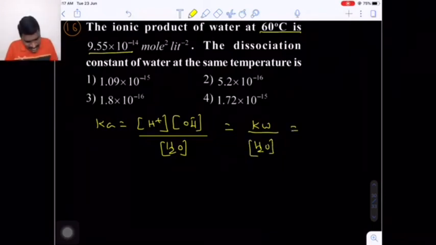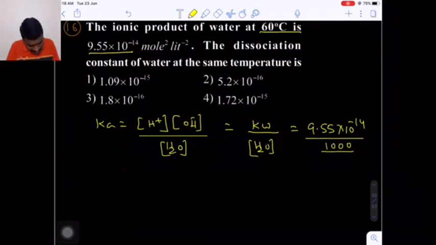What is the Kw value given to you? 9.55 into 10 raised to minus 14 given to you. Now the next, 1000 by 18. This is the molarity of the water.